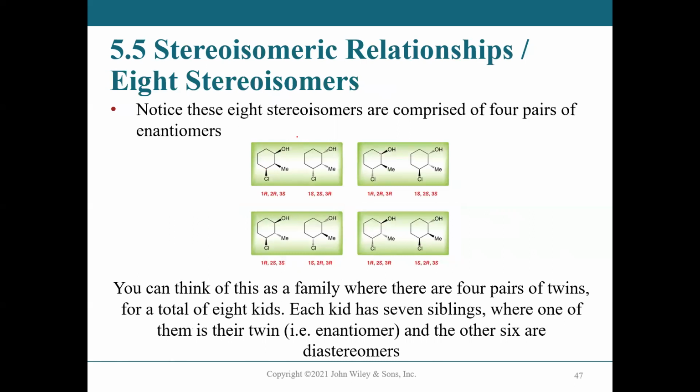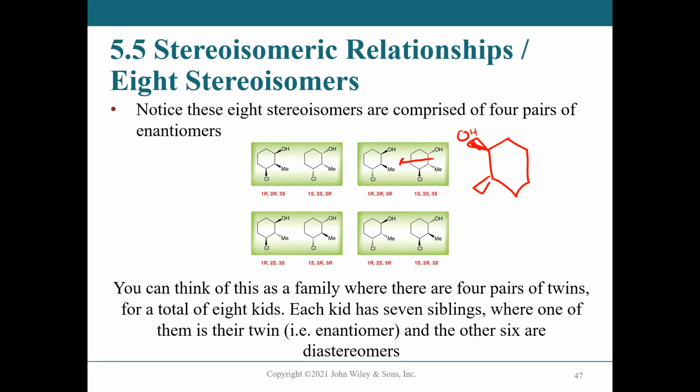The next slide is the same thing, the same images. It says, notice these 8 stereoisomers are composed of 4 pairs of enantiomers. That means if you flip this one right here, if you just turn it 180 degrees, I'm going to draw this right here. That OH group now is going to be here.